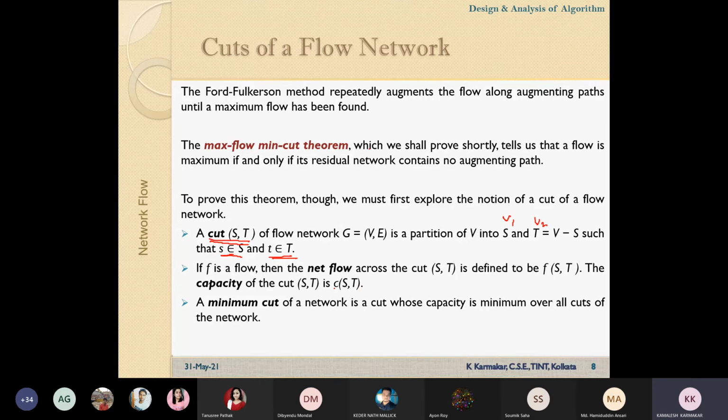We represent flow as F and capacity as C. So F(S,T) is the flow from S to T and C(S,T) is the capacity from S to T. The minimum cut of the network is the cut whose capacity is minimum over all the cuts of the network. We have discussed it earlier. So these are the points to be considered during the max flow min cut theorem.